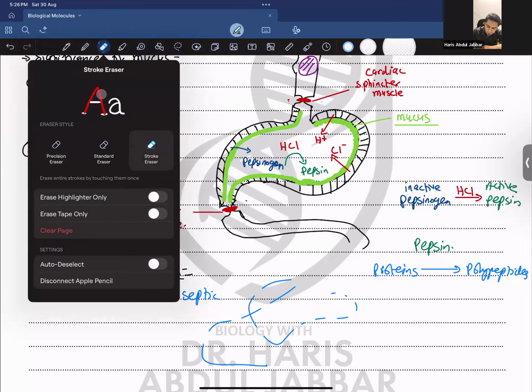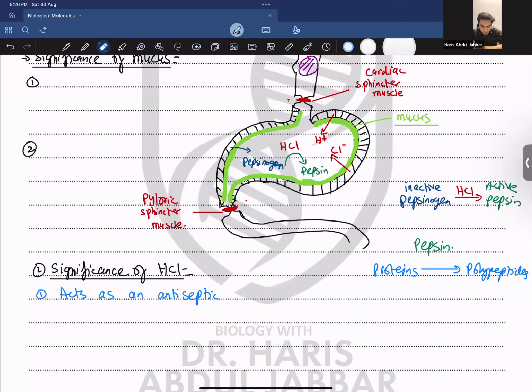ऑलराइट. सो अगेन, अभी तक हम लोगों ने क्या देखा कि whenever the food's getting inside the stomach, the stomach is first lining itself with what? With mucus. Once that is done, it starts to actively transport hydrogen ions and chloride ions in the lumen where there might be some water present, forming HCl, right? What does this HCl do? Along with the HCl, the stomach also produces an enzyme called pepsinogen, but that enzyme is inactive.